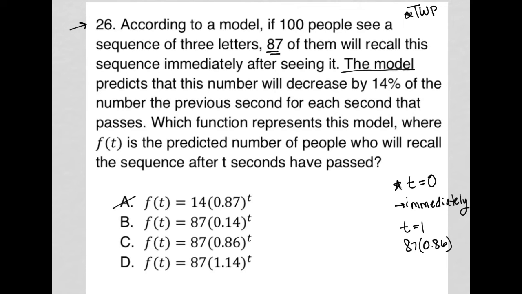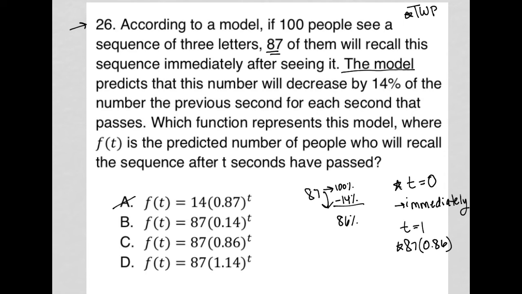Hopefully that makes sense. If I have 87 and I go down by 14%, so I'm subtracting 14%, then if 87 was equivalent to 100% of what we had to start off with, which is the case here, then I should now be at 86%, because 100% minus 14% is 86%.